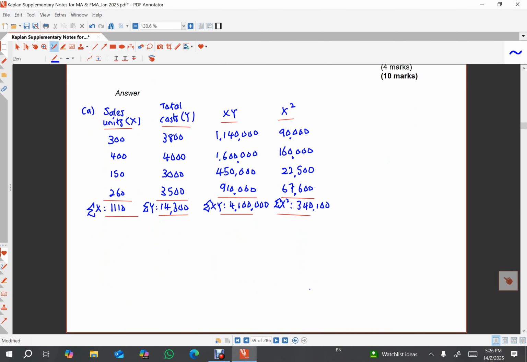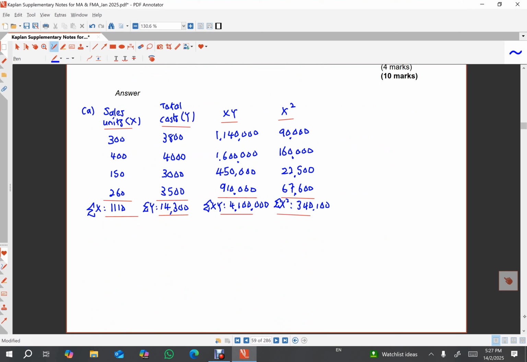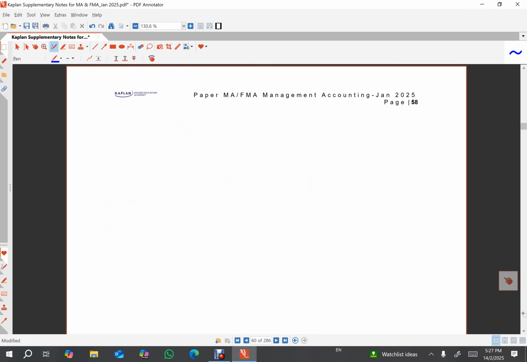Then we put into the equation. I do it on the next page. So B, this is the formula. The formula will be given to you.